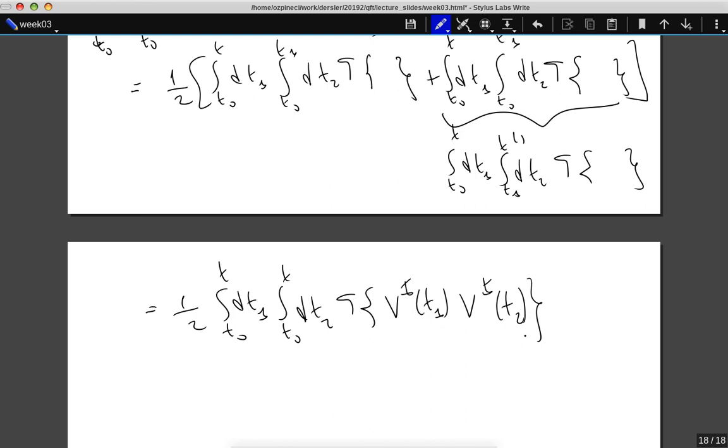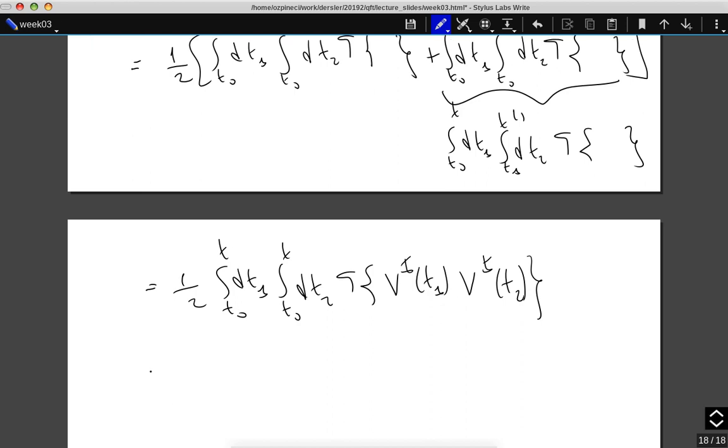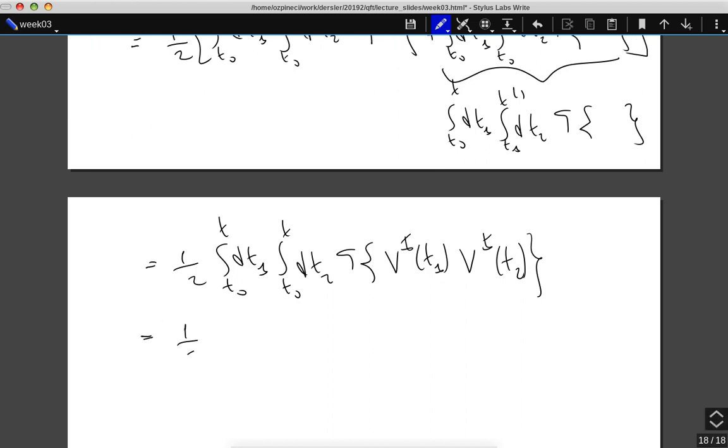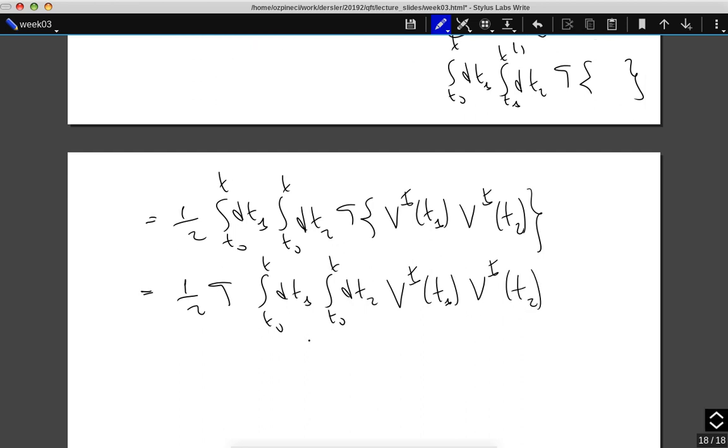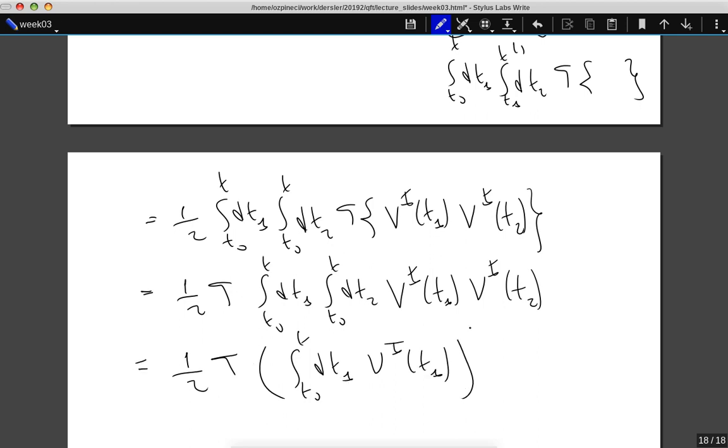But that tells me that I can take that time ordered product out of the integral sign. And this is equal to 1 over 2 times the time ordered product of the integral from T0 to T dt1 Vi of T1, squared.